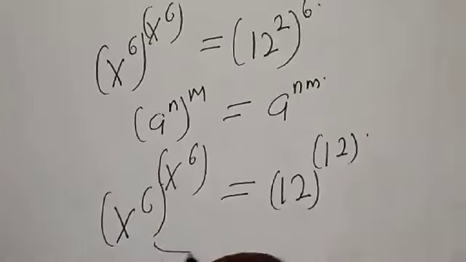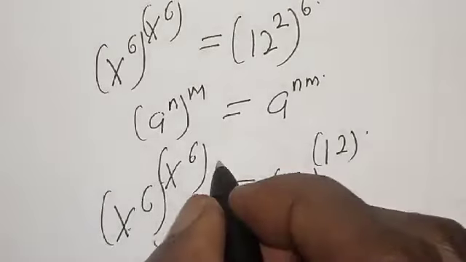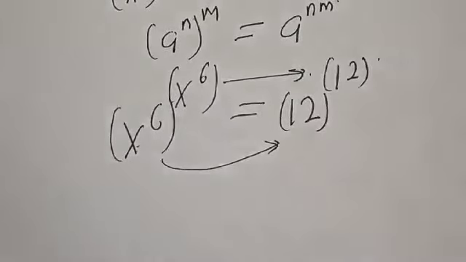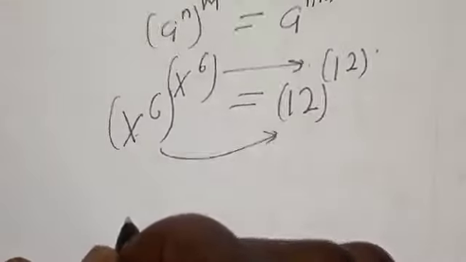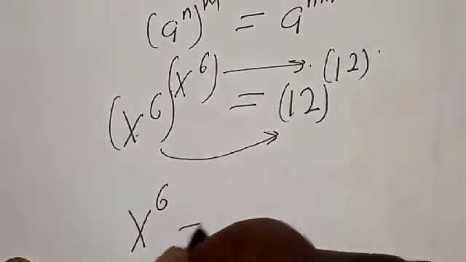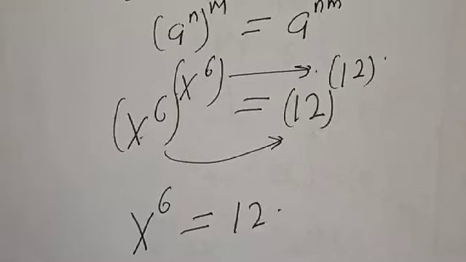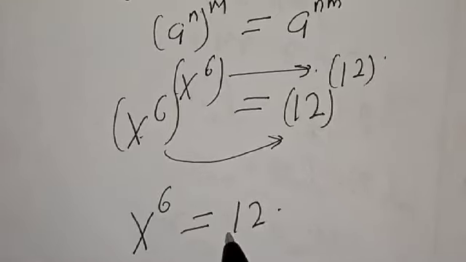By comparing, this is equal to this and this one is equal to this. Therefore, we have x raised to power of 6 is equal to 12. And remember that we are asked to find the value of x.